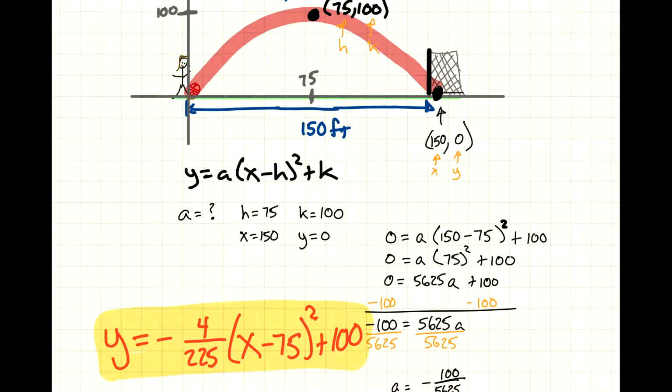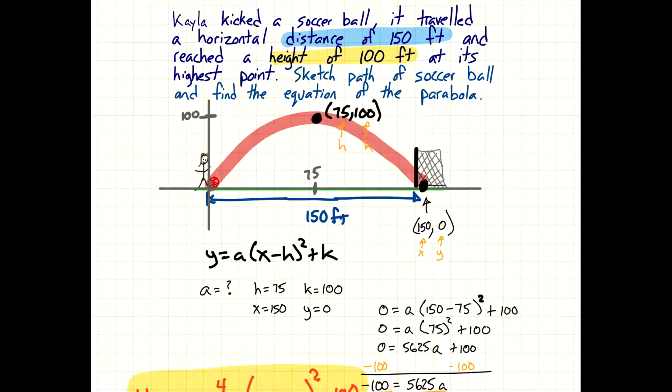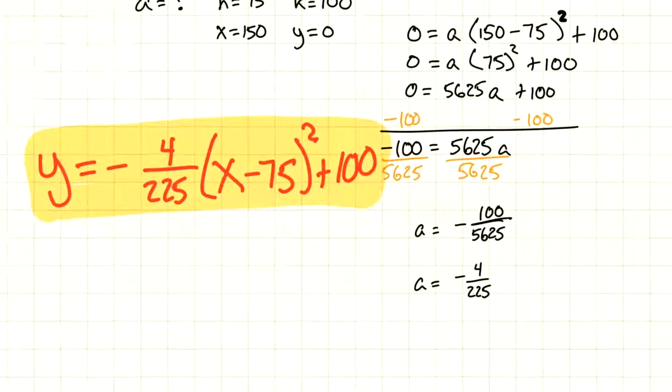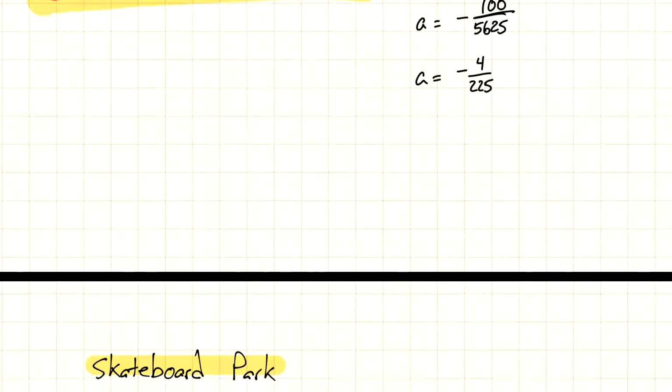All right, so Kayla didn't kick the ball super high, right? Well, she might have kicked it high, but it went far enough where it created a wide parabola. All right, and hopefully this makes more sense.